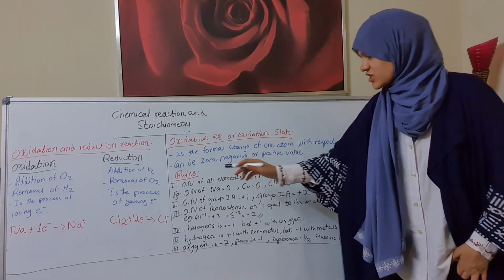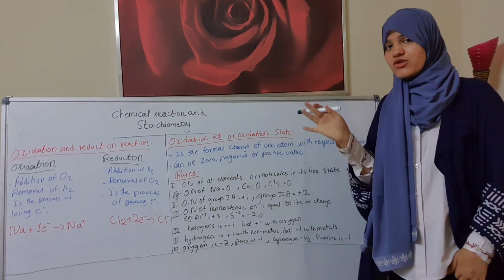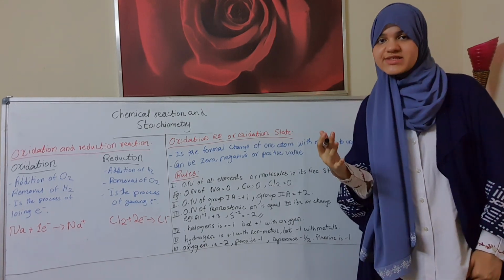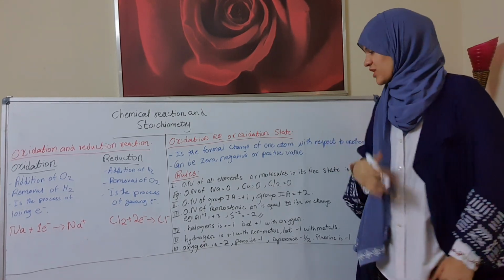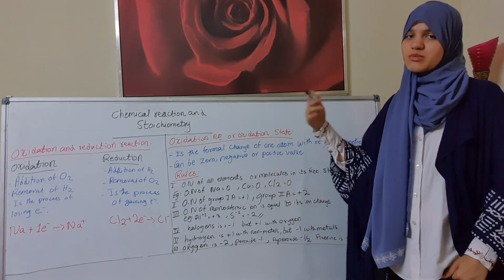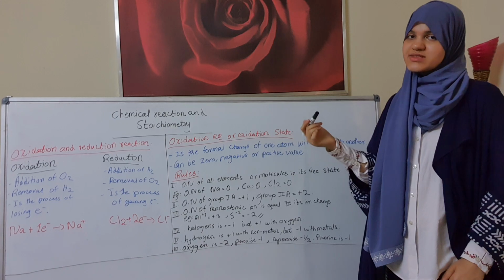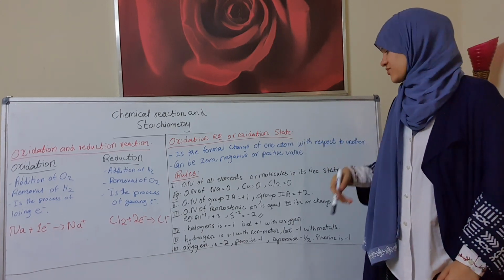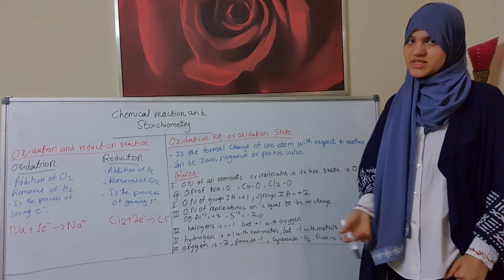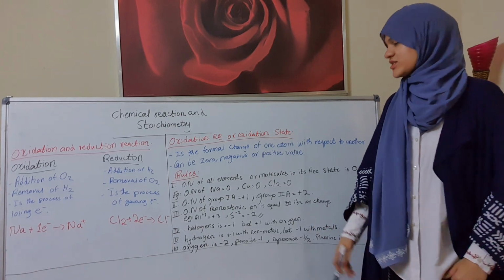Like for example, the oxidation number of sodium, if it is alone, in its free state, will be equal to 0. Cu, which is copper, will also be 0 because it's in a free state. Chlorine, also the same thing. It will be 0 because it is alone.